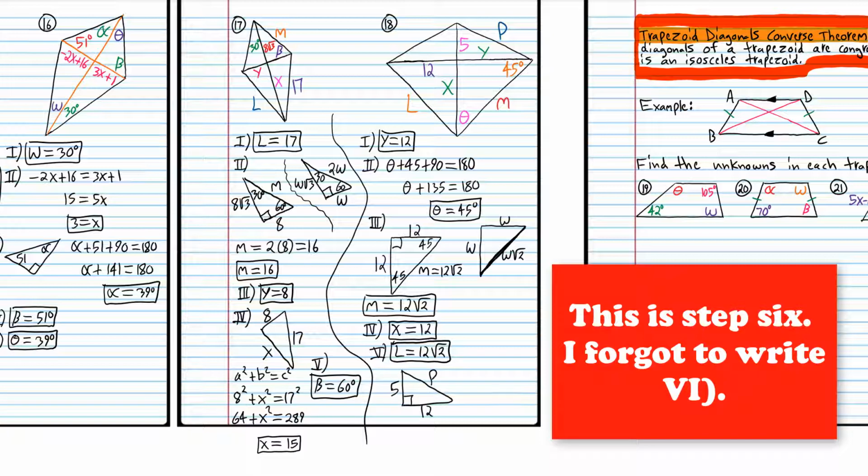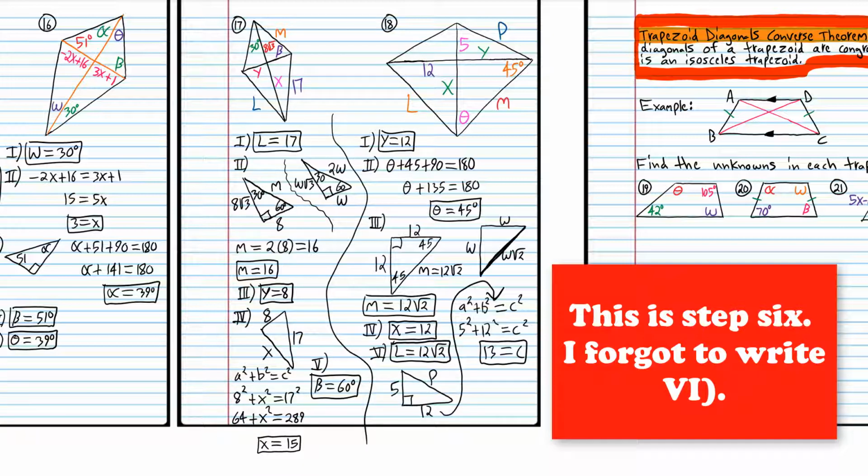So now I'm going to do an arrow up here. So we're going to use the Pythagorean theorem. A squared plus B squared is equal to C squared. So 5 squared plus 12 squared is equal to C squared. And I'm not really going to do the math on that. C is equal to 13 because we already did a problem just like that earlier.